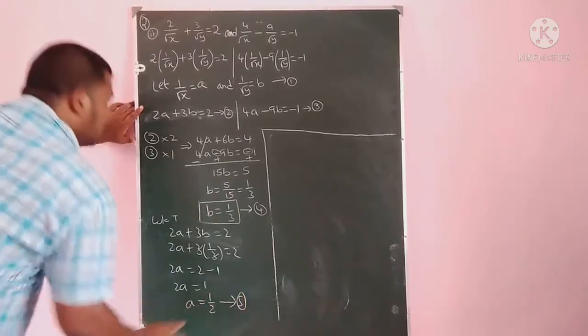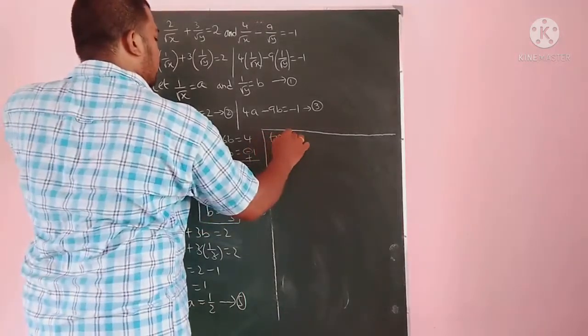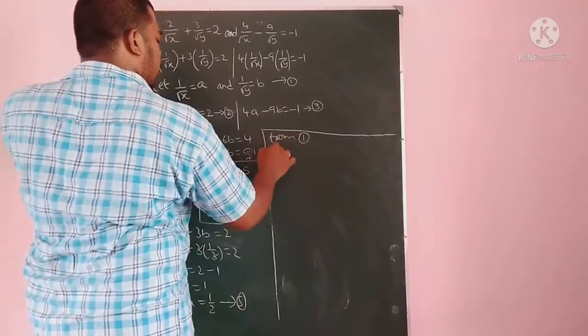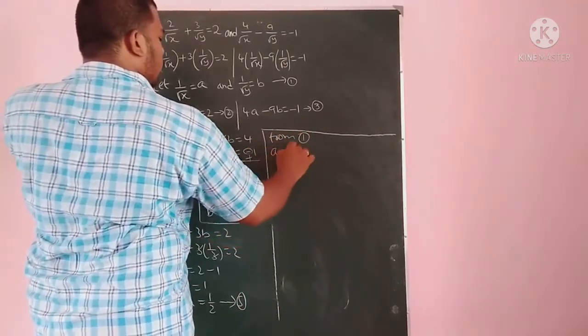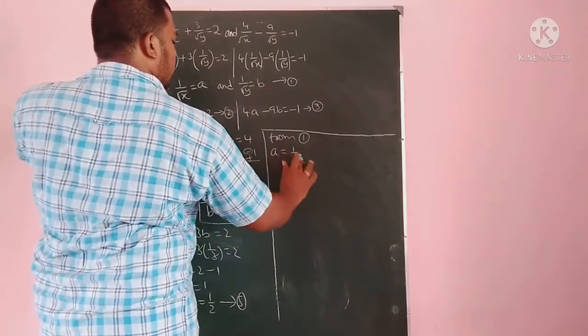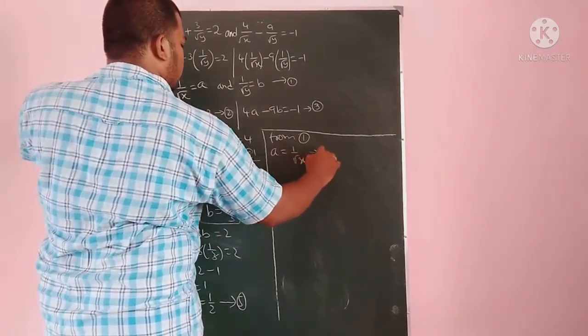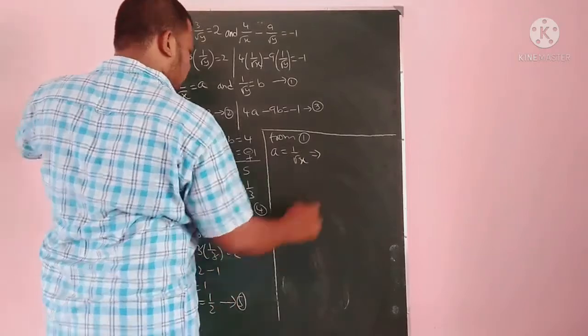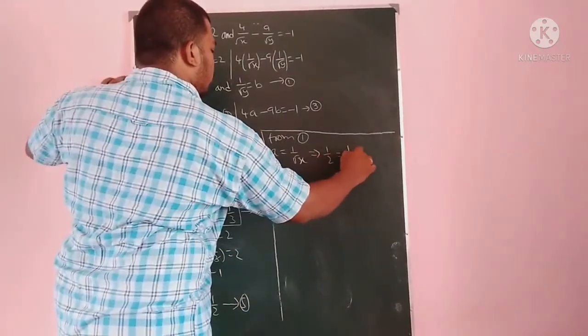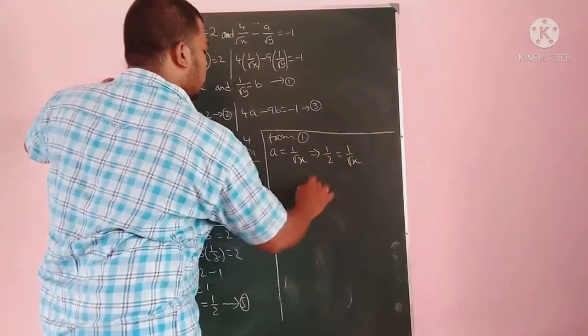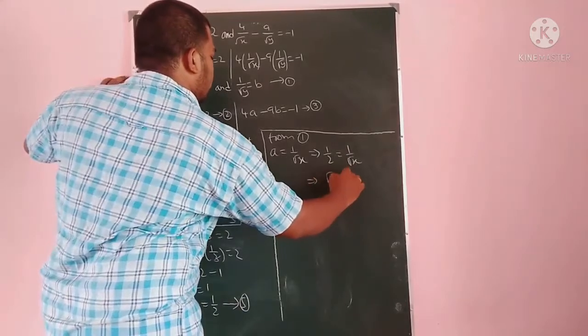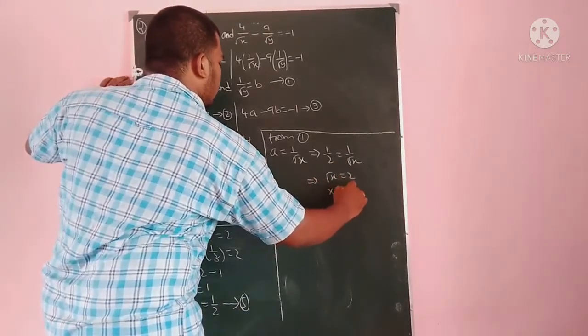Let it be 5. From 1 we can write a is equal to 1 by root x. So 1 by 2 is equal to 1 by root x. That implies root x is equal to 2 and x is equal to 4.